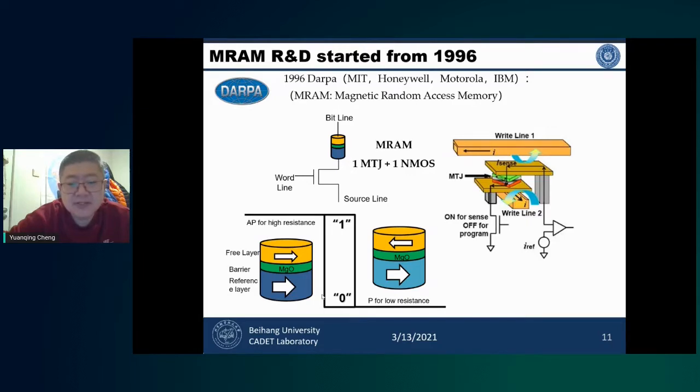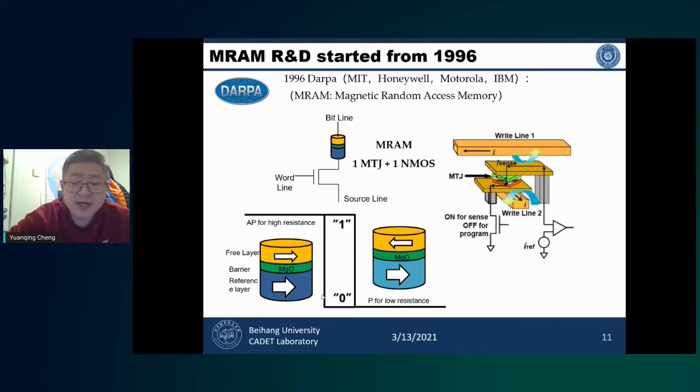But it also has some drawbacks. First of all, the magnetic field may interfere with other MTJs. For example, we want to change MTJ 1, and at the same time, we can erroneously change another MTJ, such as MTJ 2.